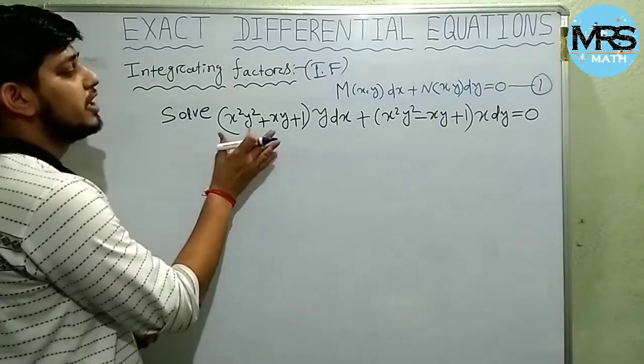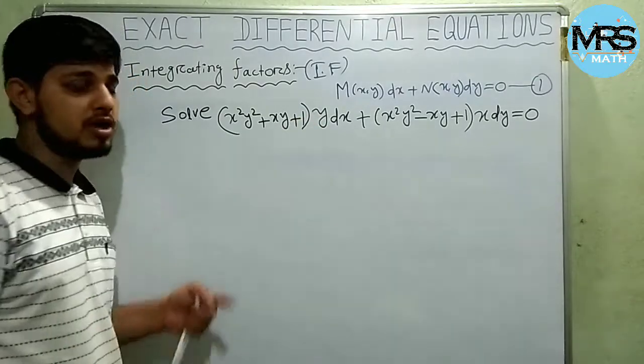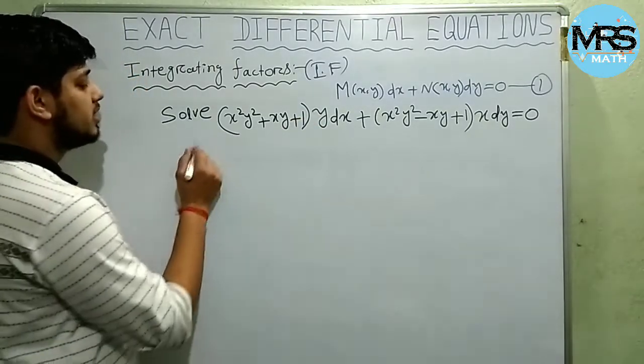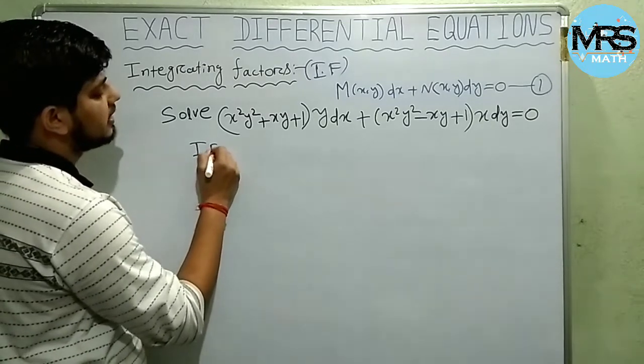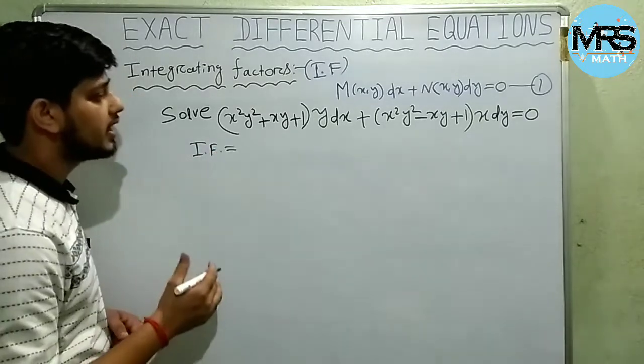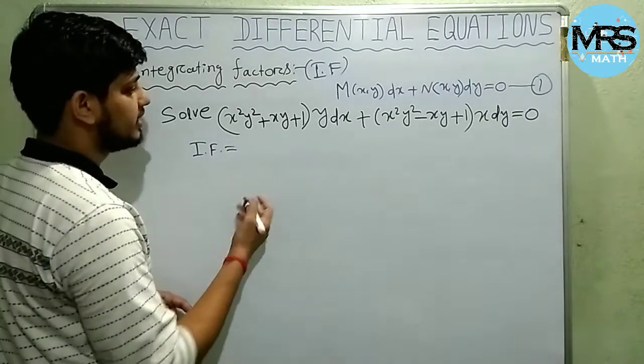So this is in the form of rule number 2. So we can apply the integrating factor, that is 1 over mx minus ny, right?